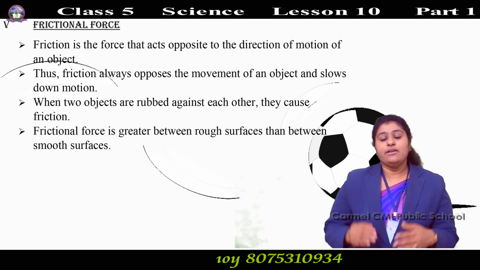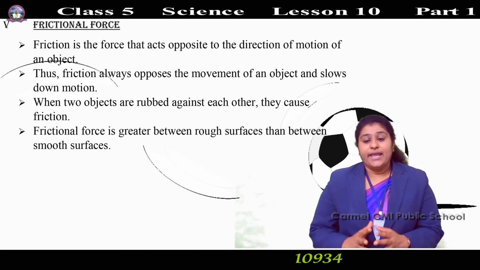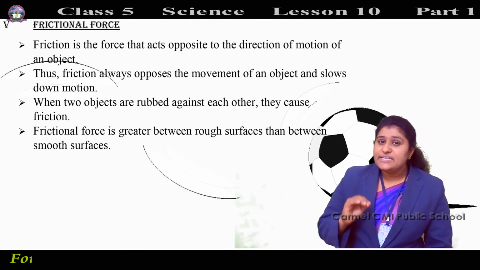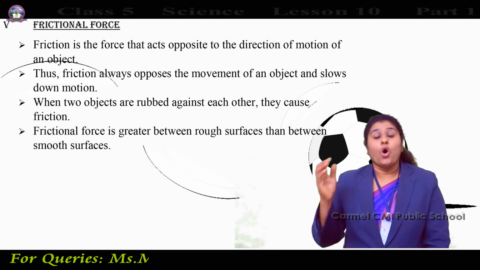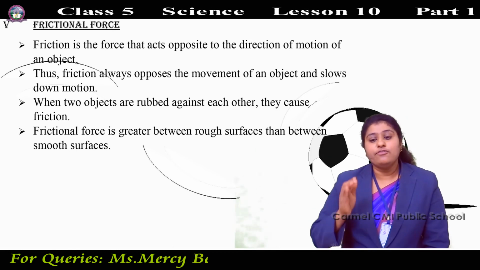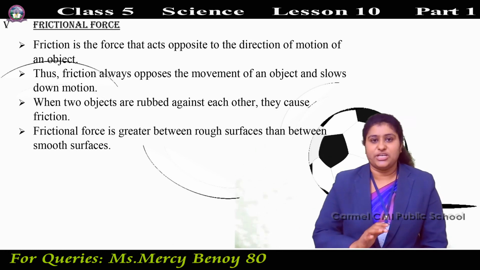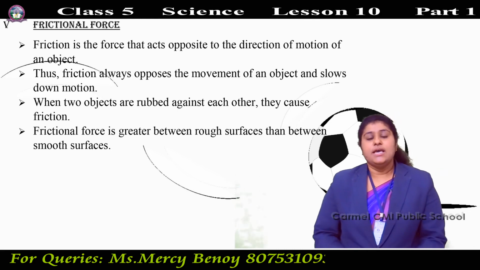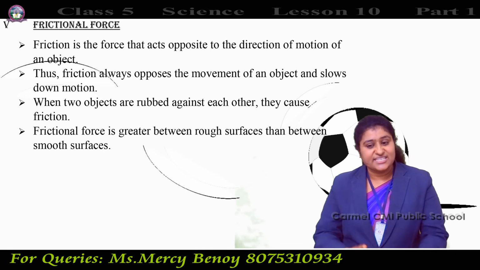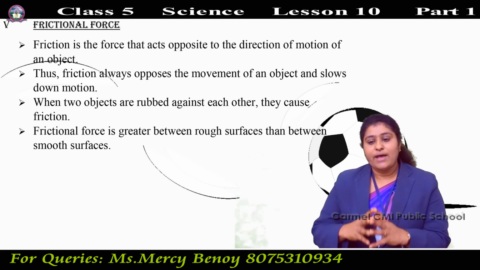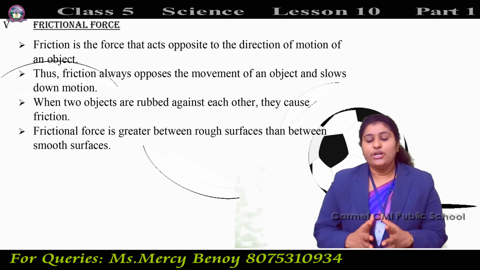So, what is friction? Friction is a force that acts opposite to the direction of movement or motion of an object. Friction always opposes or resists the movement of an object.